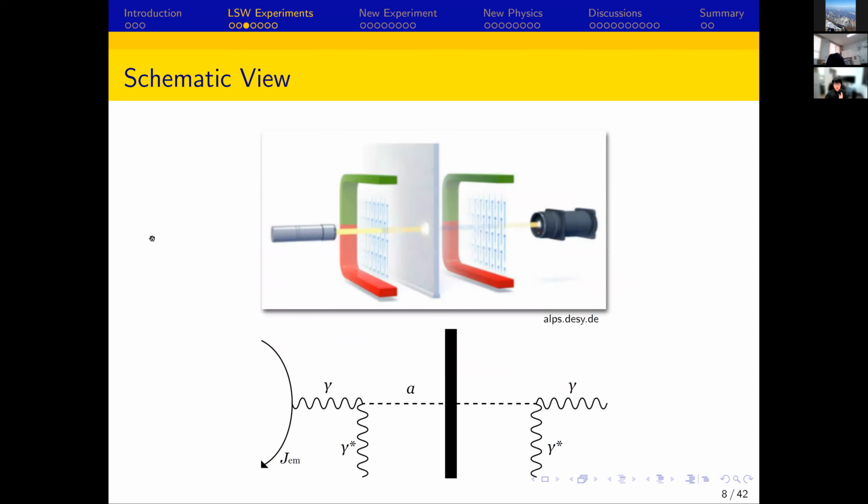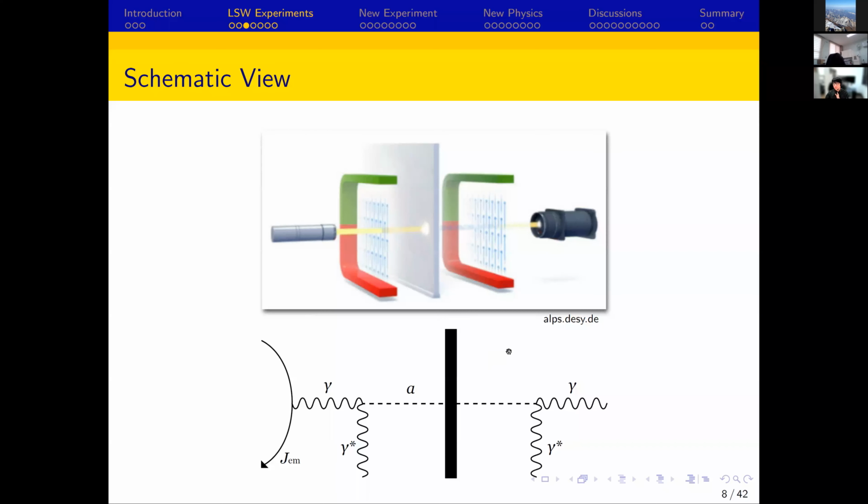This figure describes axion search by an LSW experiment. Shoot the laser at the wall from the left side, and by applying a magnetic field, this laser light can be converted to an axion or axion-like particle through the axion-photon mixing. These axions can penetrate the wall, and by applying a magnetic field on the other side, these axions are reconverted to photons.